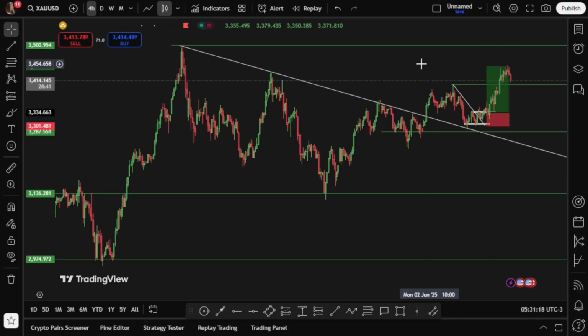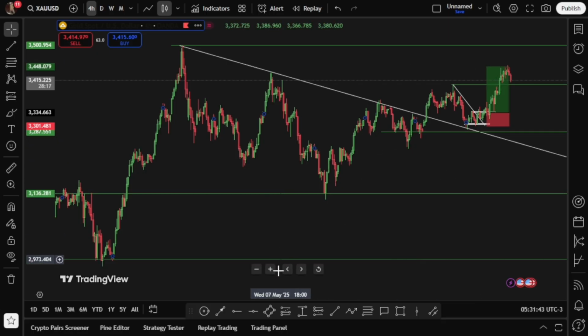Because you can use them for correlations. What I mean is, when gold buys, the stock starts dropping. When the stock starts increasing, gold drops. Let me say it again: when gold starts buying, US stocks start dropping, and when US stocks start increasing, gold starts dropping.